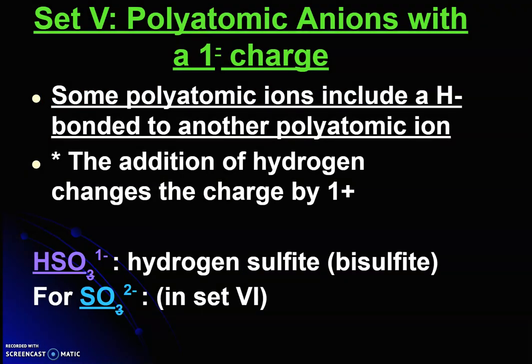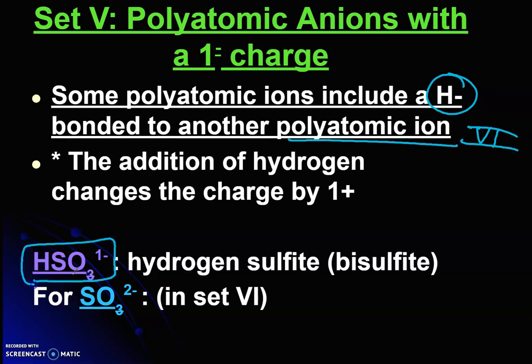You'll also see in set 5, sometimes it takes a couple of minutes, but you have to learn set 6 at the same time. So some of these polyatomic ions in this group have a hydrogen bonded to another polyatomic ion from set 6. Like in this group, we have HSO3 1 minus, hydrogen sulfite, where sulfite is in set 6.